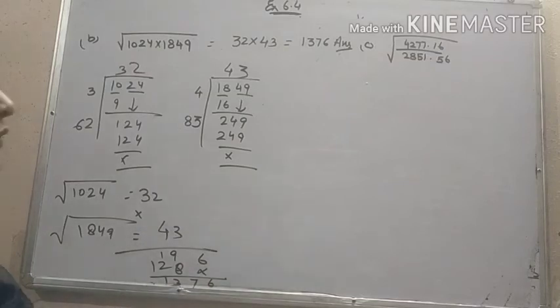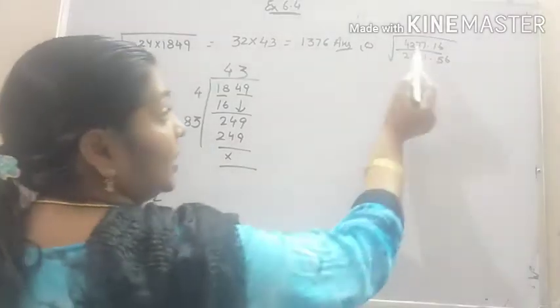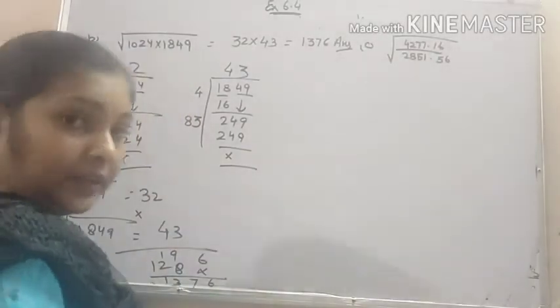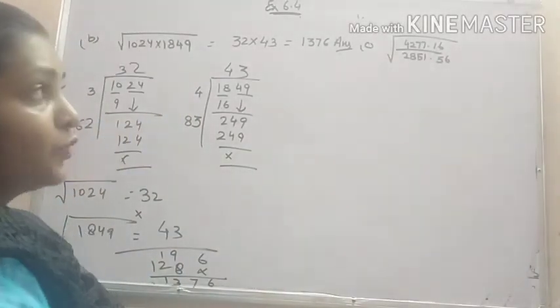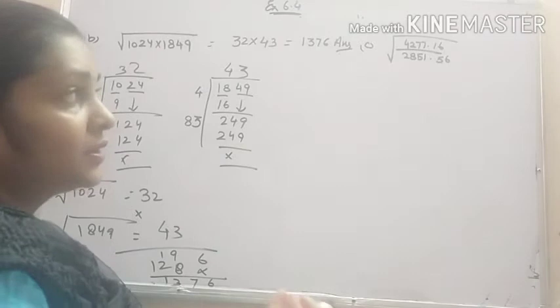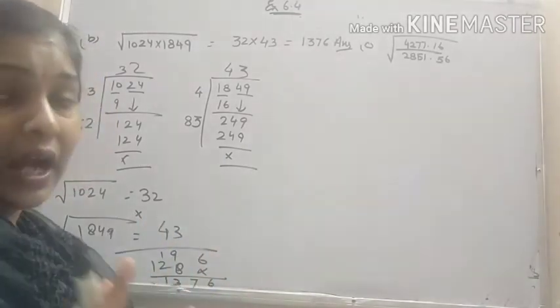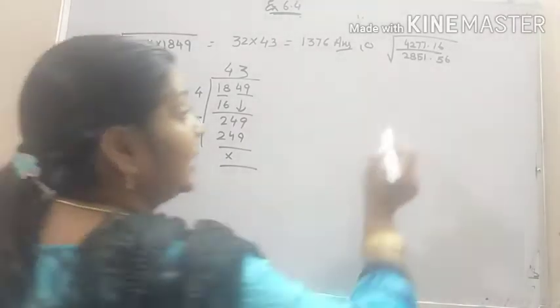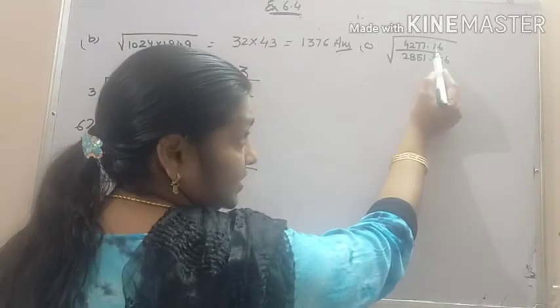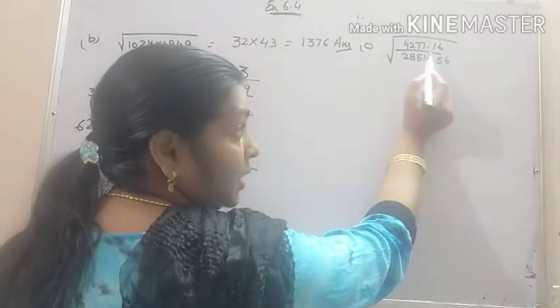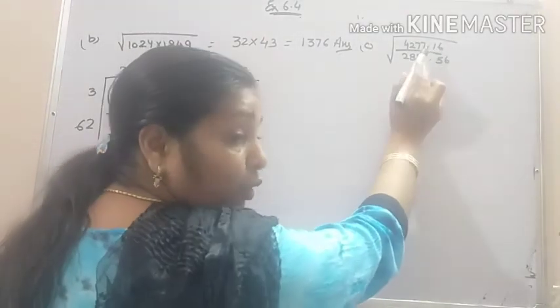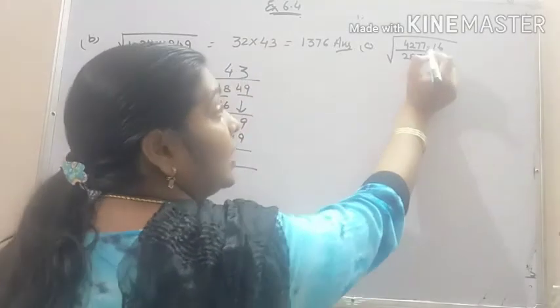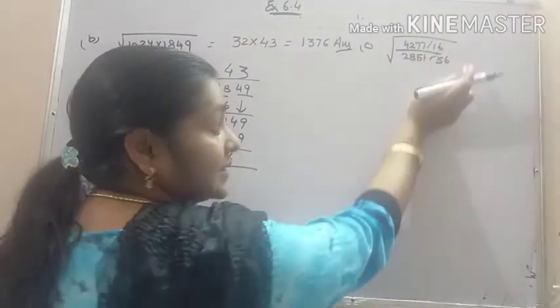That's it. Now here, see, there are decimal terms in it. So one way is to find the root and after that solve it. But one thing I must tell you before that: if the number of digits after the decimal are the same in both numerator and denominator, then the decimal gets cancelled.